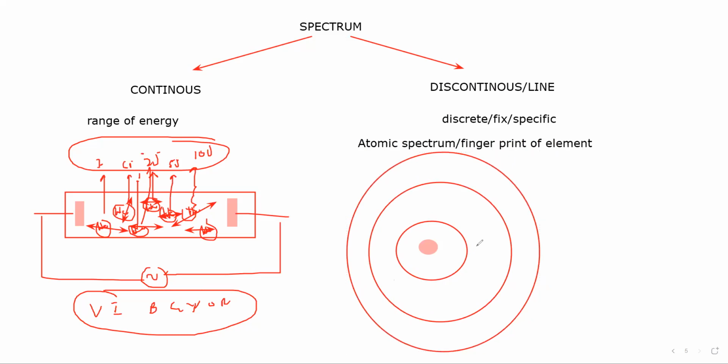So this is E1, shell 1, energy 2, and energy 3. For all atoms there are 7 shells, and the number of shells occupied depends on the number of electrons available.